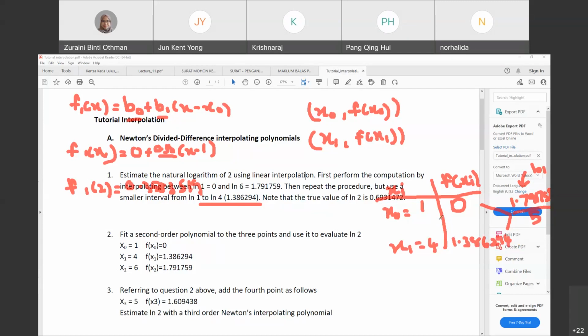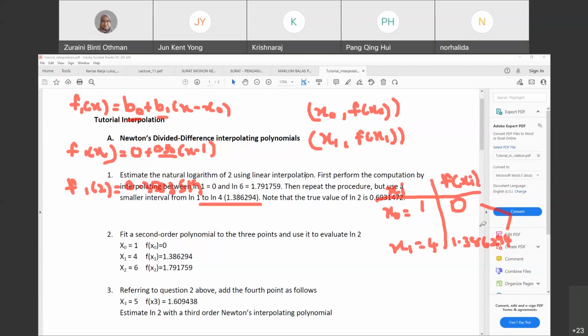Yang ni ialah 4 tolak 1 ialah 3. This is 3 and this is, saya nak buat sampai habis cari the true value tu. Not the true value ni, yang kita nak estimate. How to answer the estimate question tu. Kan kita dapat, lepas tu kita nak bandingkan dengan true value.